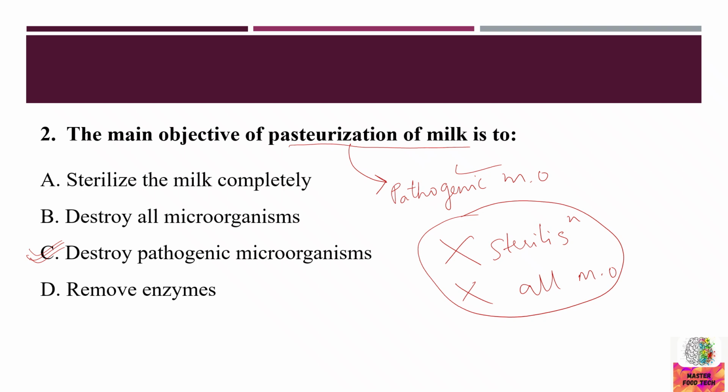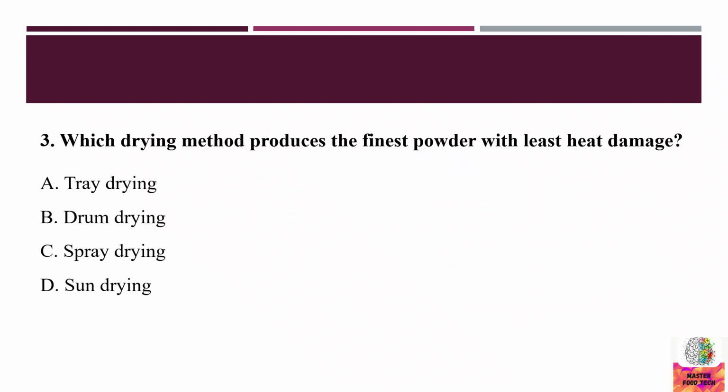Moving into the next question. Which drying method produces the finest powder with the least damage? When we talk about producing fine powder, especially for products like milk powder, coffee and flavors, we need a method with very short heat exposure.